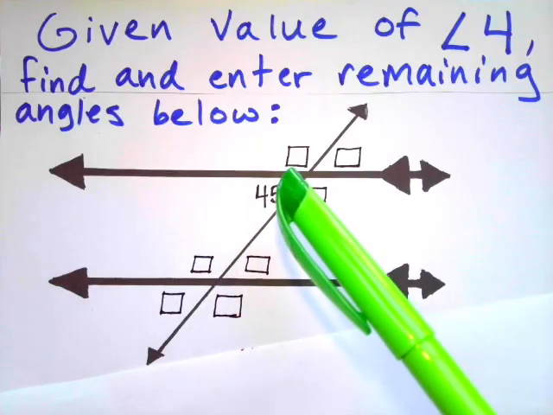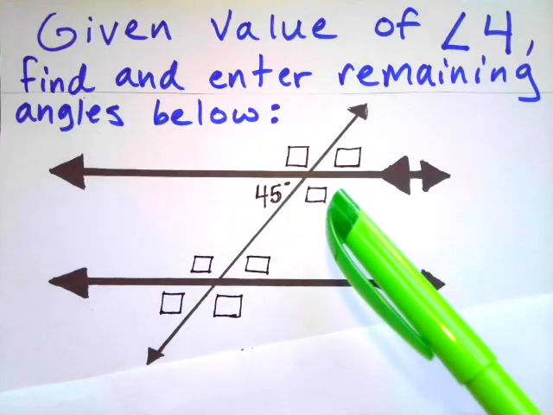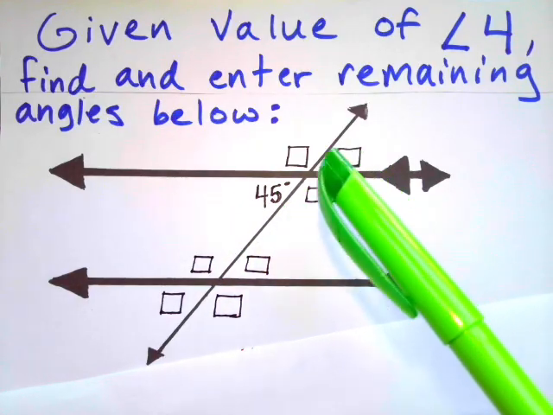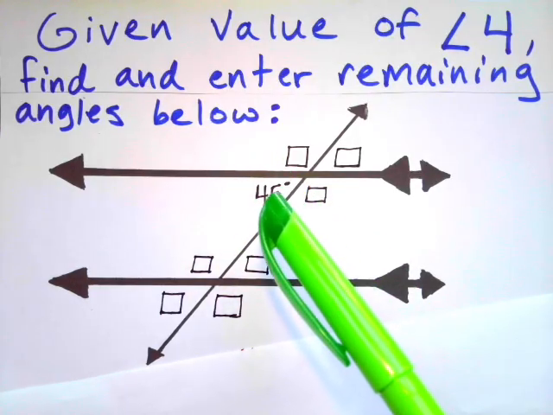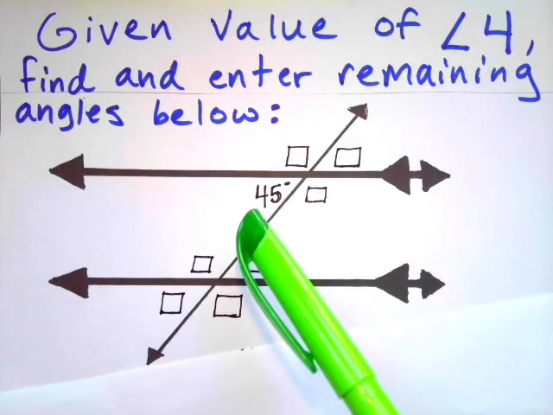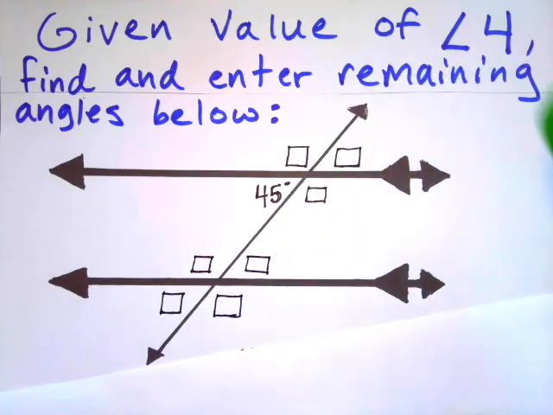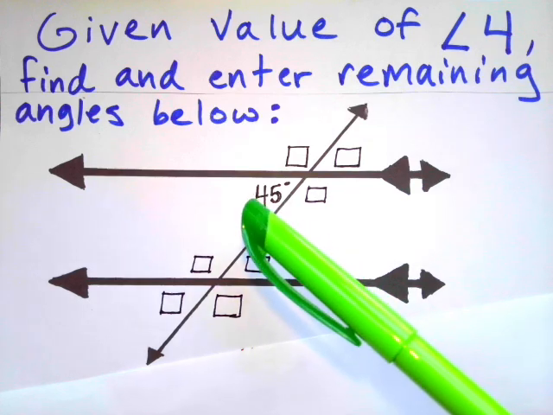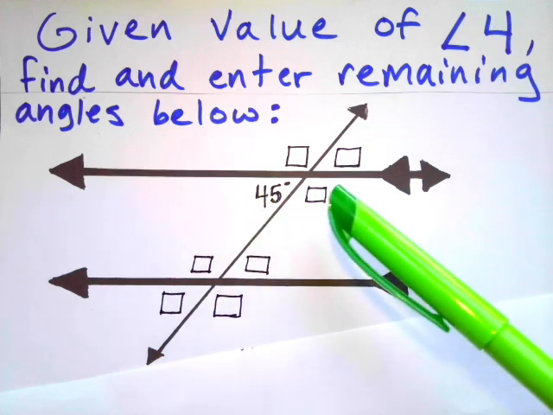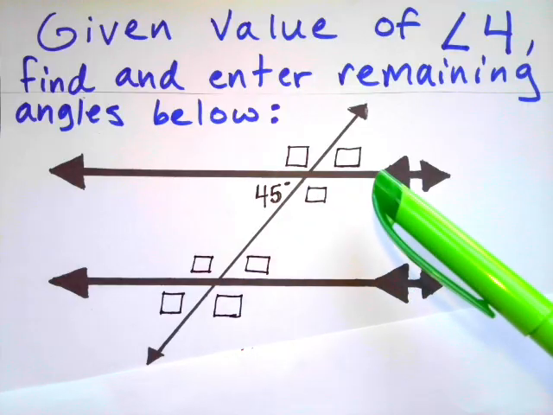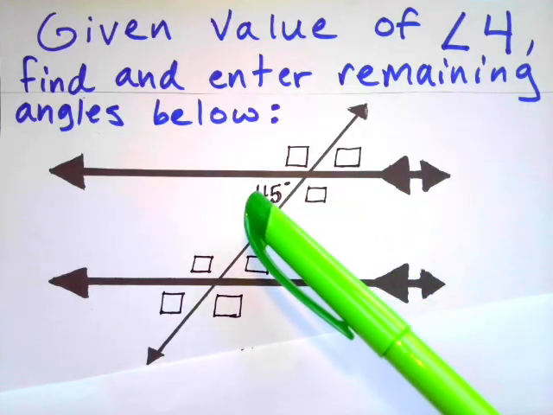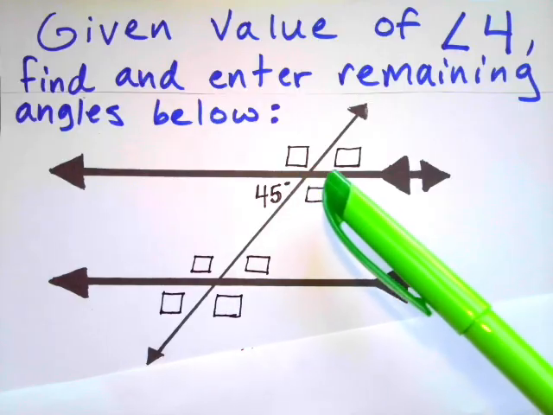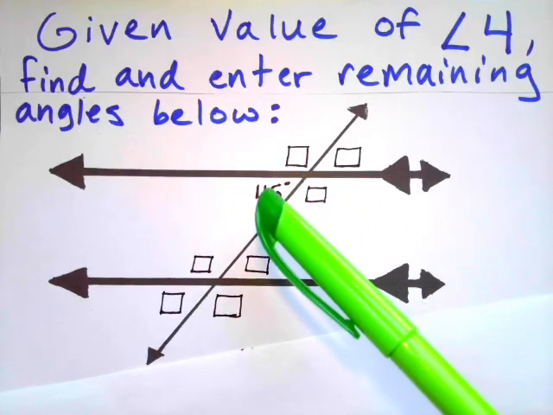We have an angle here of 45 degrees, and if you've been watching my videos, I label them 1, 2, 3, 4. So angle 45 would be what I label angle 4. That's why I set up in the question here angle 4. I know that these two angles, if you add them together, will create a straight line. A straight line is 180 degrees. So 45 and this angle here would be called supplementary angles.